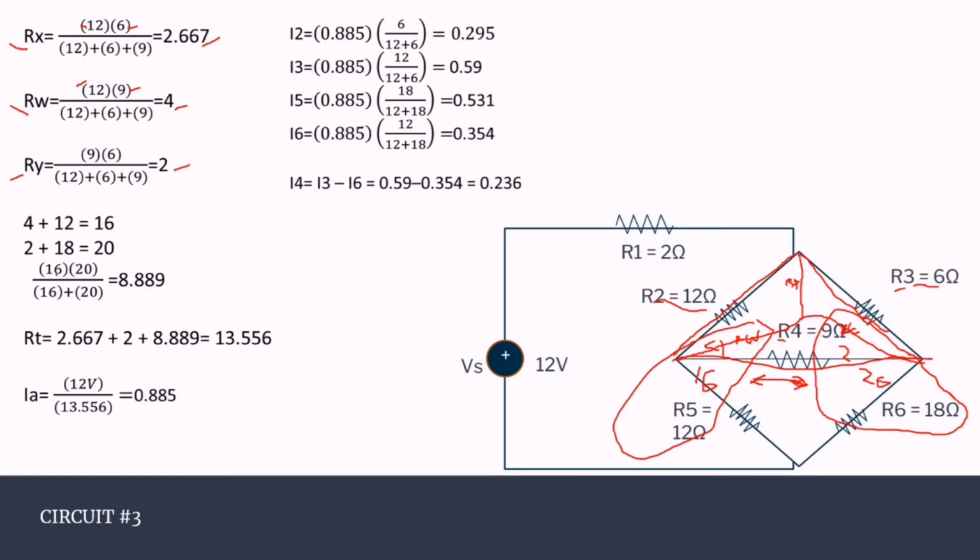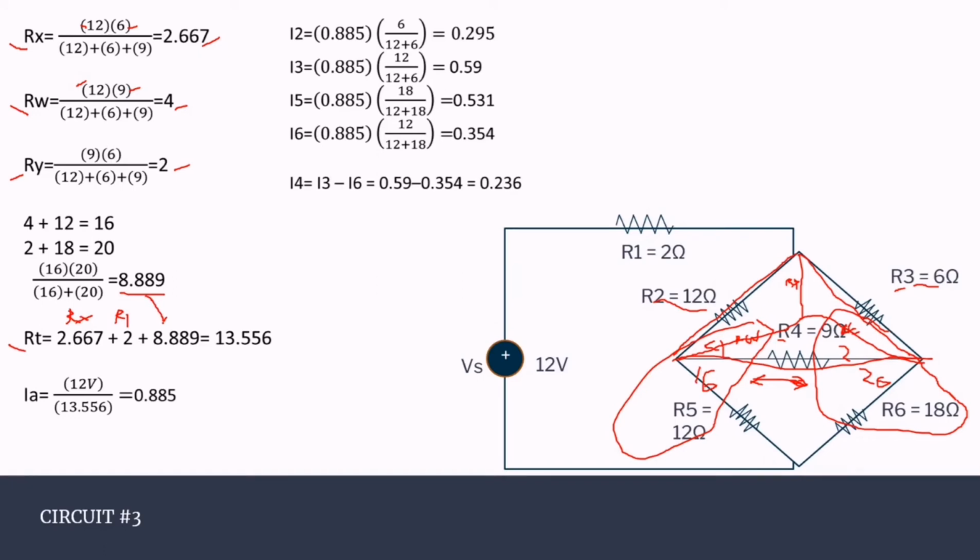So 16 times 20 over 16 plus 20 is equal to 8.889.